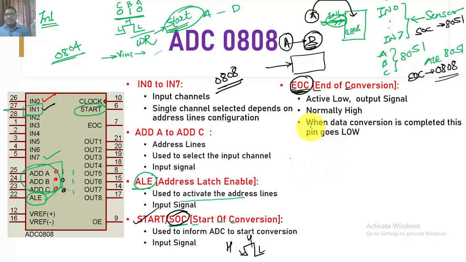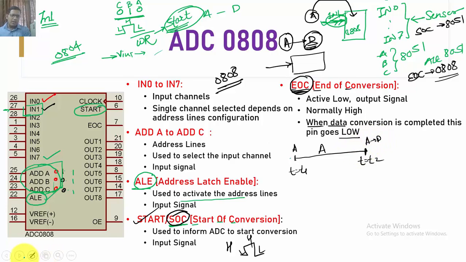As mentioned here, when data conversion is completed, this pin goes low. Suppose at this moment the analog data is with me, and from time t equal to t1 to t equal to t2, my data conversion is in process, and my data is still not completely converted into digital format, and at moment t equal to t2 the analog data is completely converted into digital format.